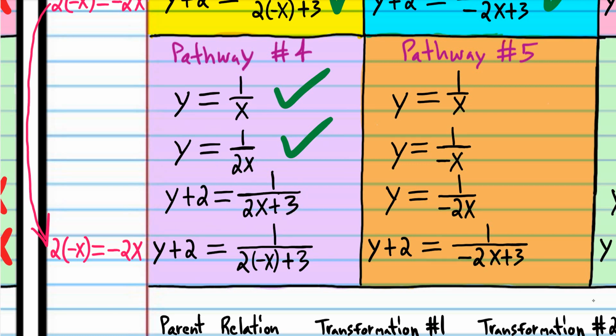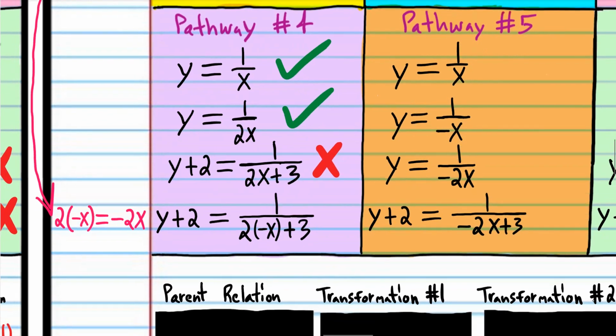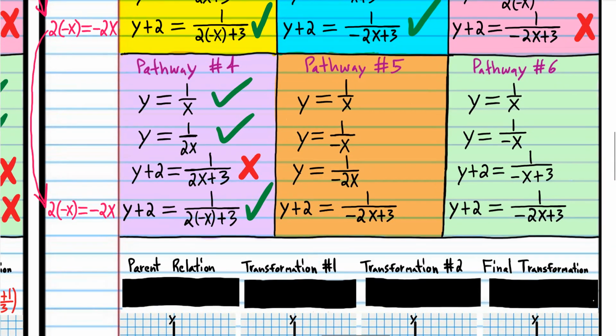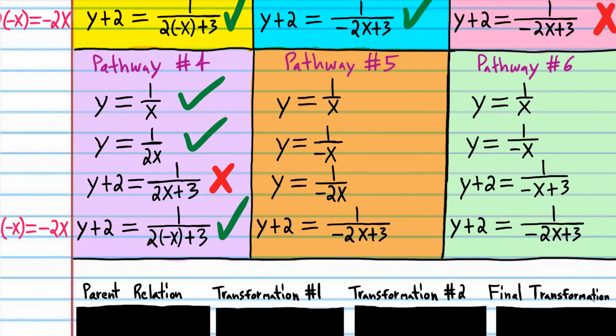We're adding 3 to 2x. We're not adding 3 to x, we're adding 3 to 2x. So the transformation properties don't tell us how to modify the graph in that situation. Then we're replacing x with negative x. So that tells us to reflect across the y-axis, so that works. But we're not going to use pathway number 4 because of this complication here.